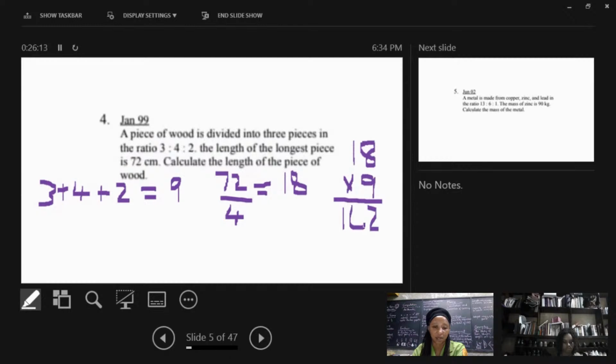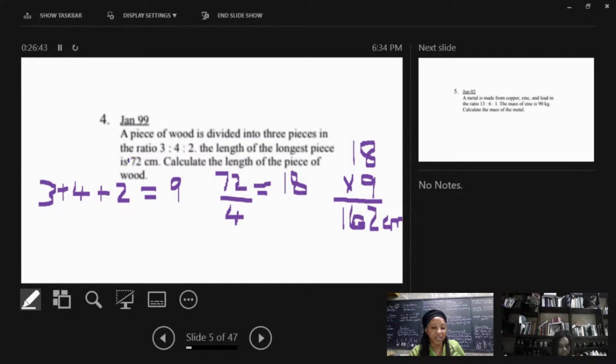So let's review this. We were given the longest piece. You need to look at which of the ratios goes with the longest piece and divide the longest piece by the ratio that goes with it to get the unit value of the ratio. Remember, we always want to find the unit value because that's going to help us with anything else we want to find.